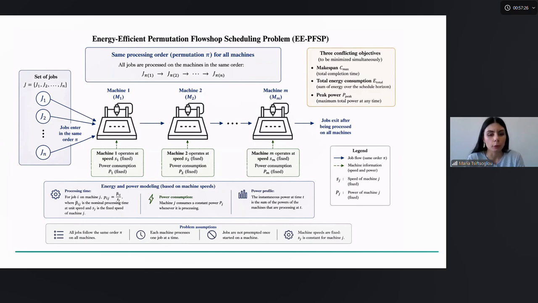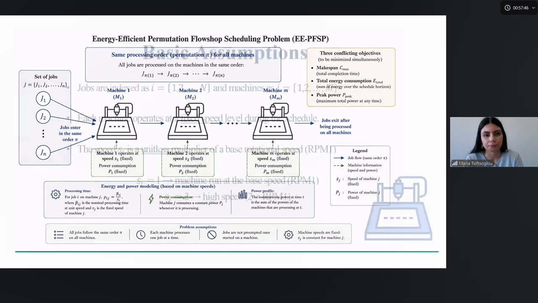The classic problem is modified to allow machines to operate at different speed levels, which represent low speed and high speed. 2 decision variables are considered in this model: the permutation of jobs and the speed level of each machine.